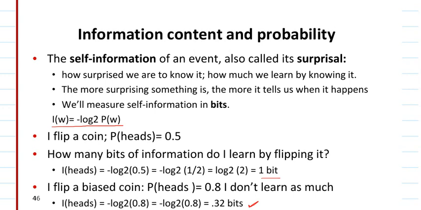So we see that here the probability is high, so this is low. When the probability is high, then the information content is low. When the probability is low, then the information content is high. So what does it mean?